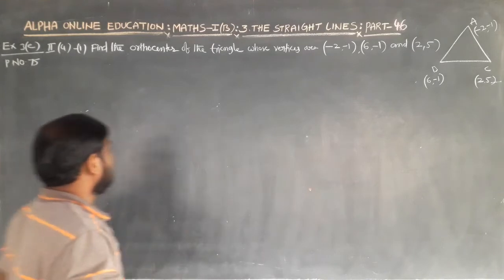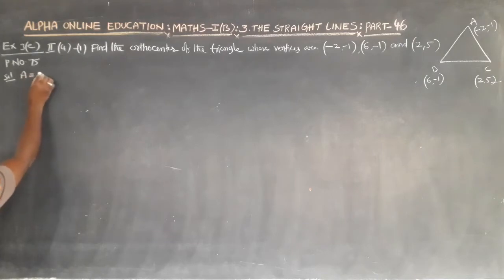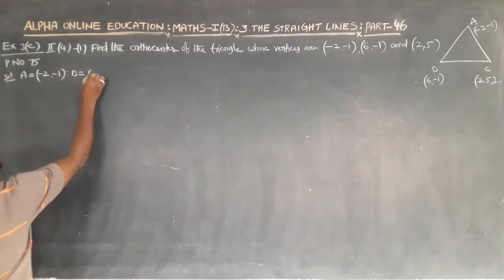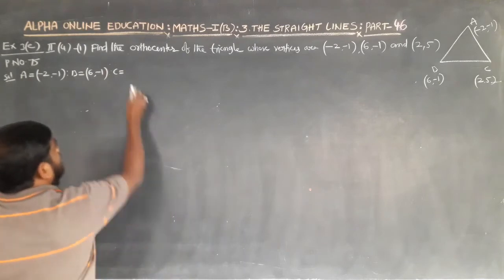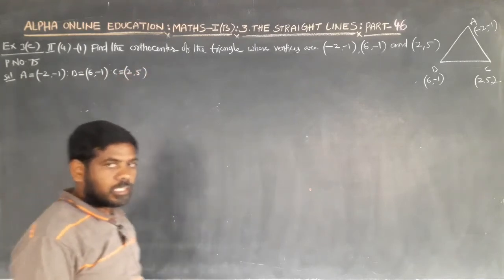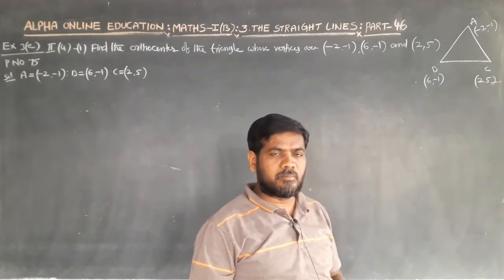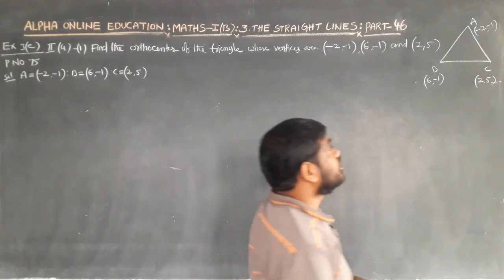Here let the vertices A minus 2 comma minus 1 and B 6 comma minus 1 and C 2 comma 5 are the given vertices of a triangle. Orthocenter means the point of intersection of the altitudes.